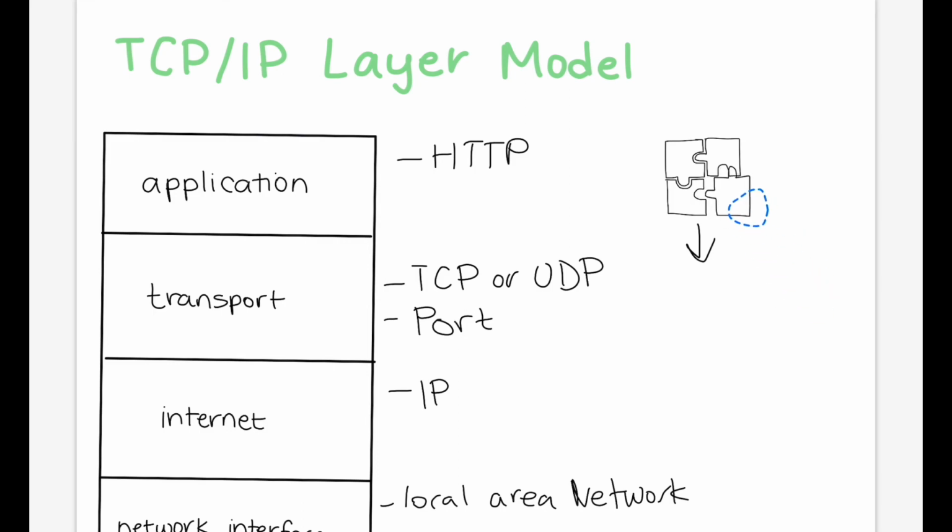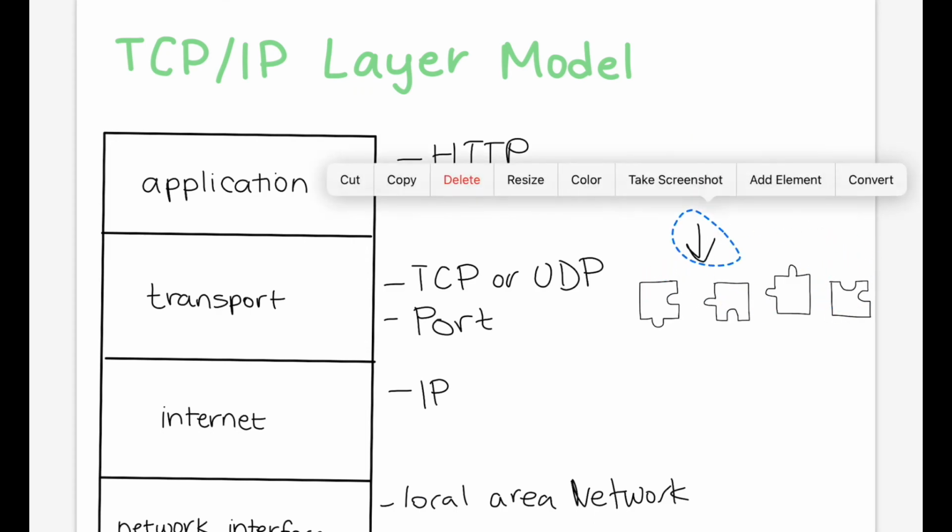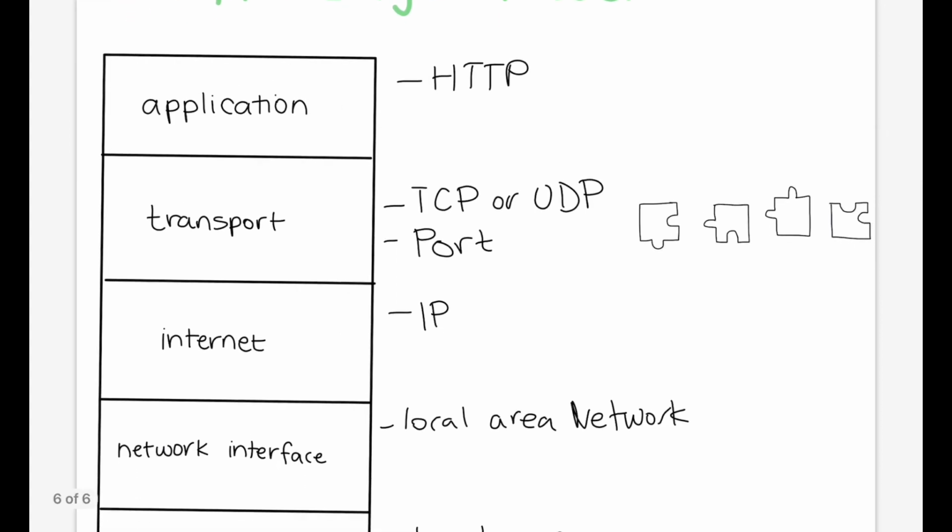Let's break it into a bunch of different chunks. And so this is your transport layer. They've broken it into chunks, and they're going to say, hey, how do you want this sent? Do you care if she gets every single piece of the puzzle? If so, that's going to be TCP. Otherwise, you're going to use UDP.